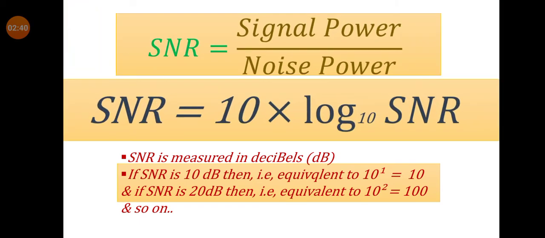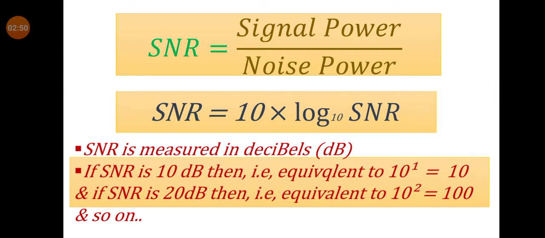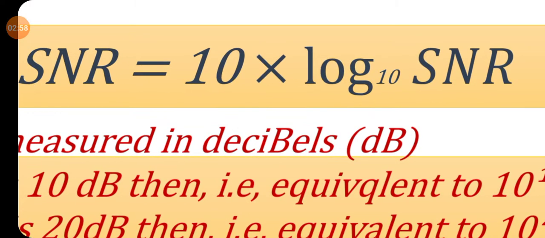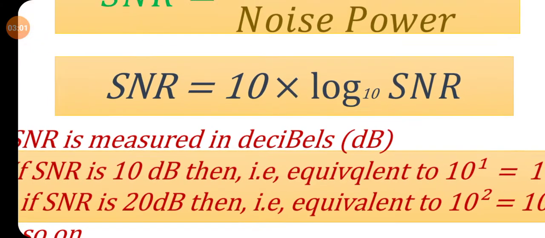SNR can also be expressed in decibels as SNR(dB) = 10 × log10(SNR). SNR is measured in decibels and it is denoted as dB.